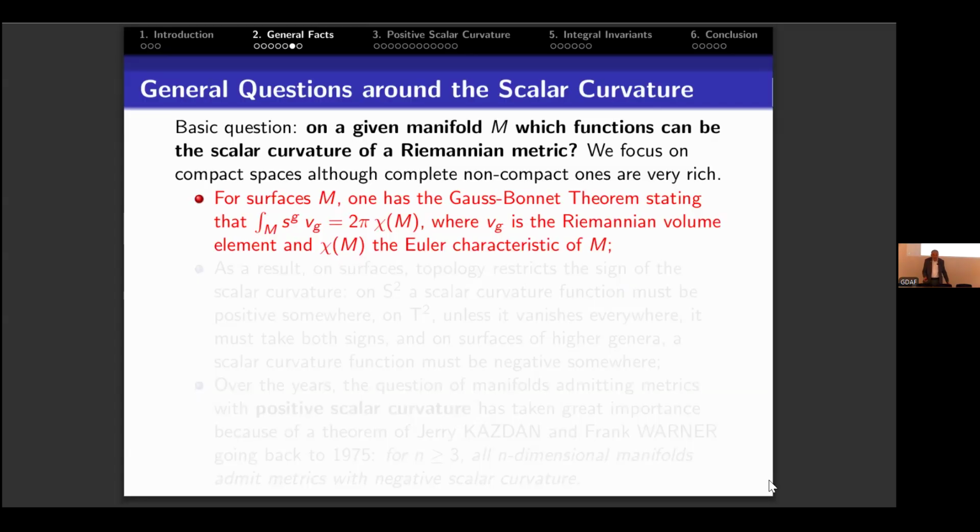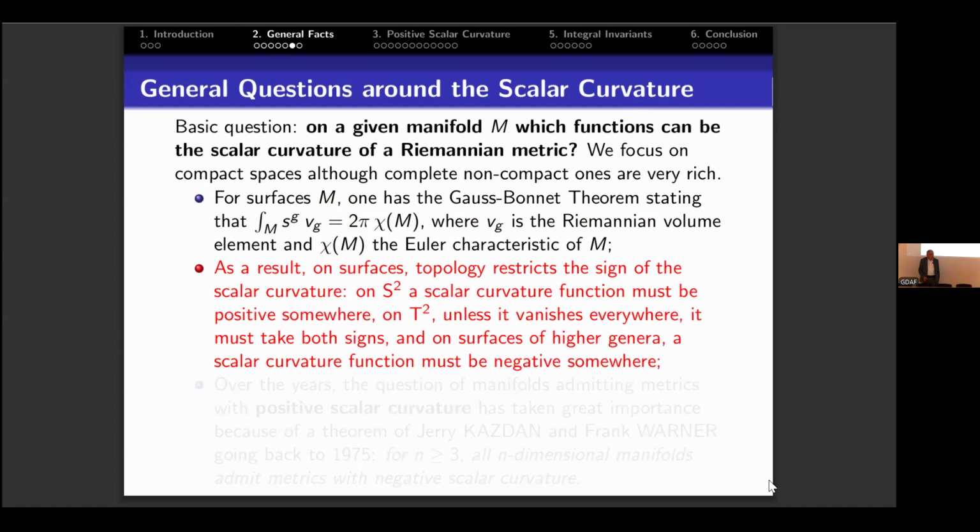So now, of course, when you are on a surface, because of the Gauss-Bonnet theorem, if you take the sphere, for which the Euler characteristic is 2, well, the integral of the scalar curvature has to be positive, because you should get 4 pi. And therefore, you cannot have negative scalar curvature on a metric on the sphere, because the integral will be, the volume form, of course, is a positive form, so you would have a contradiction with the Gauss-Bonnet theorem. So certainly, any metric on the sphere has at least some points where the curvature is positive.